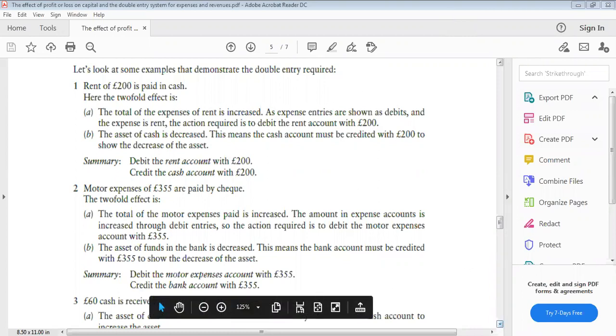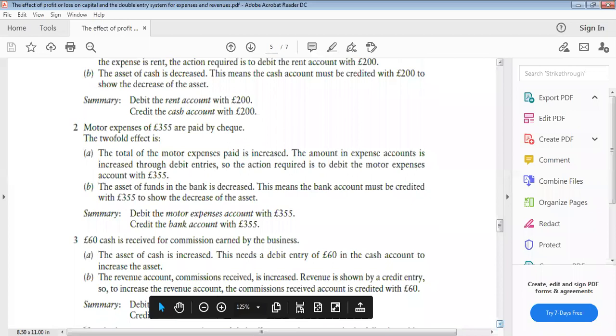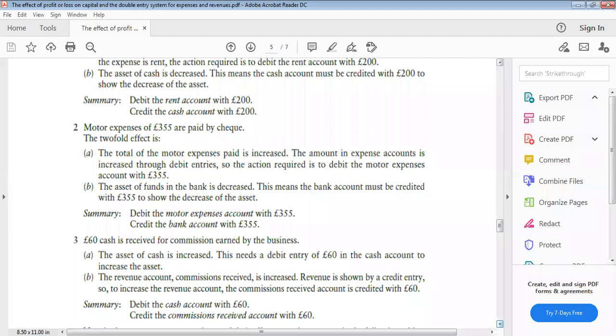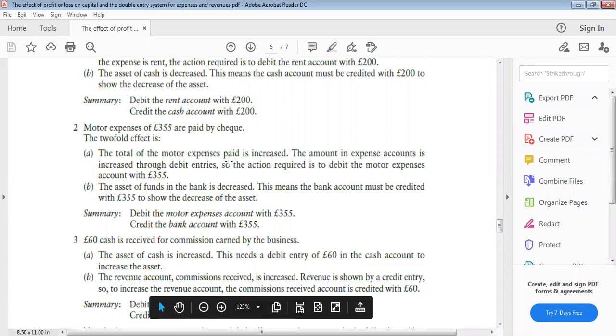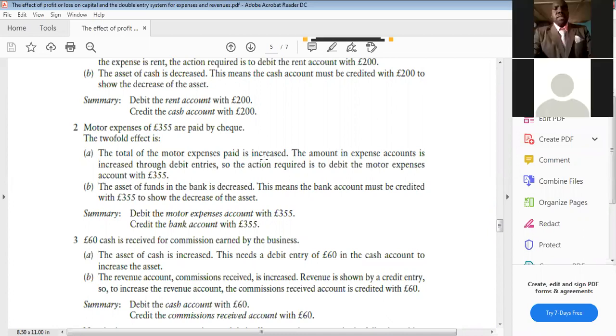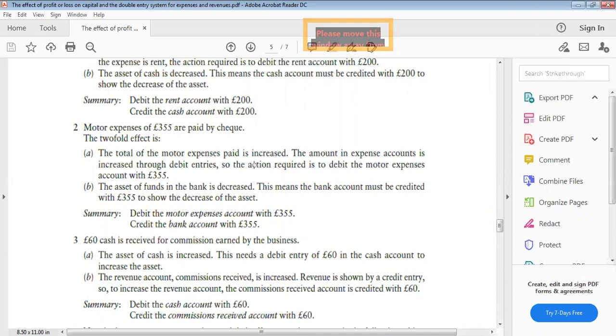More expenses of 355 are paid by check. The twofold effect is that the total of the motor expenses paid is increased.